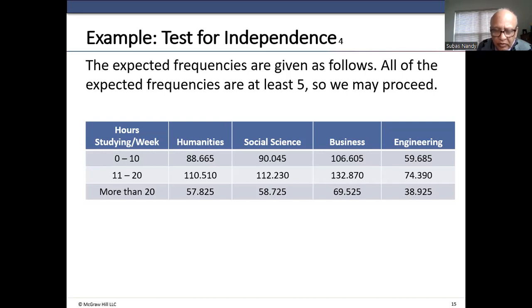Next row: 57.825, 58.725, 69.525, and 39.925. So we have entered the expected counts in matrix B. The observed counts are in matrix A.